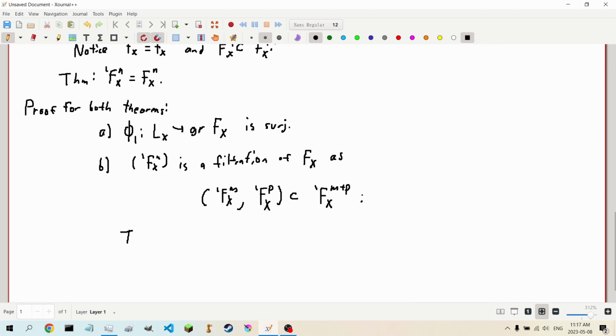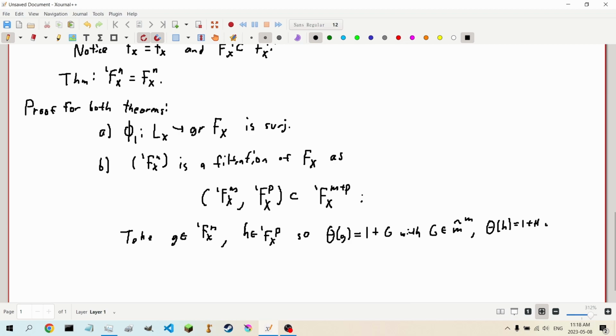And for that we're going to take g in F_m(X)' and h in F_p(X)', so that by definition theta of g is equal to 1 plus G, with G inside of M-hat to the m, and likewise theta of h is going to be 1 plus capital H with H in M-hat to the p, sorry.